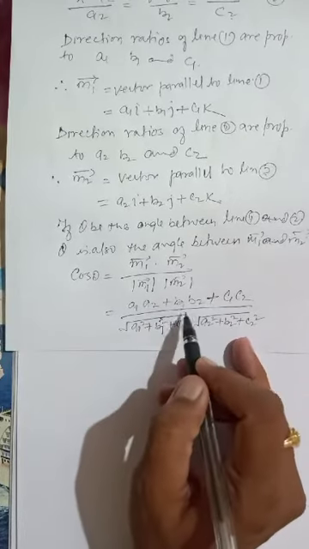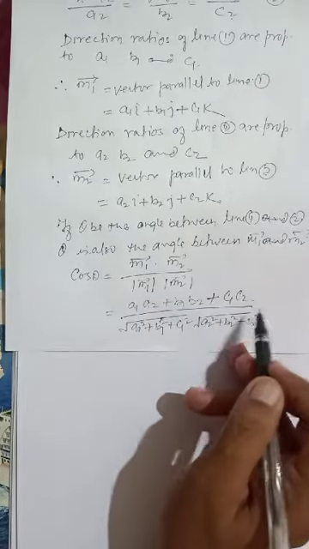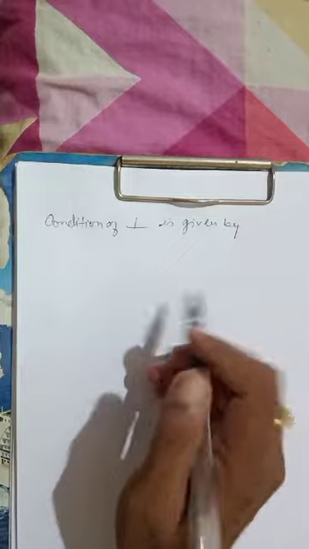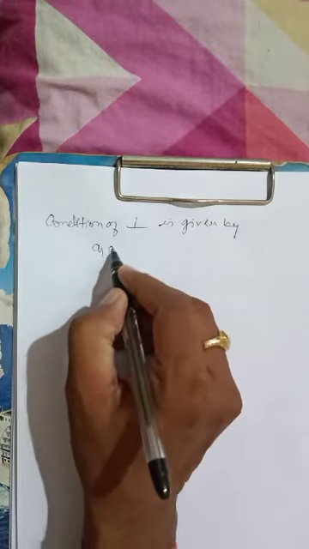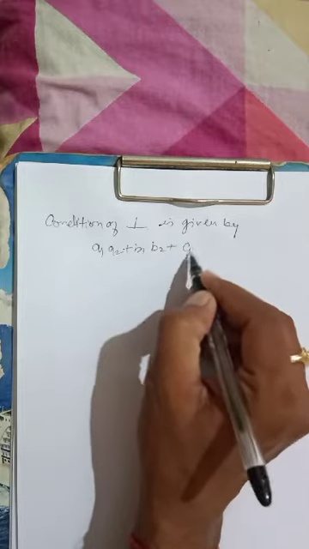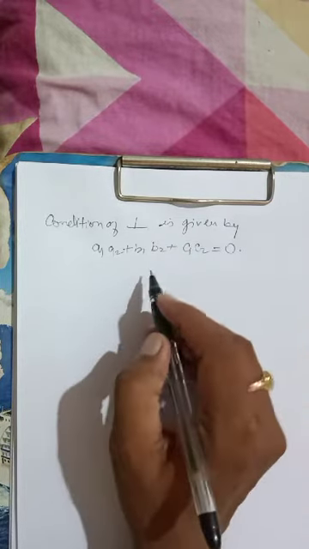So a1 a2 plus b1 b2 plus c1 c2 upon this becomes 0 only when its numerator part is 0. It means a1 a2 plus b1 b2 plus c1 c2 is equal to 0.